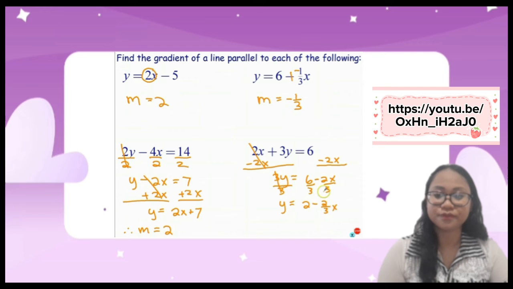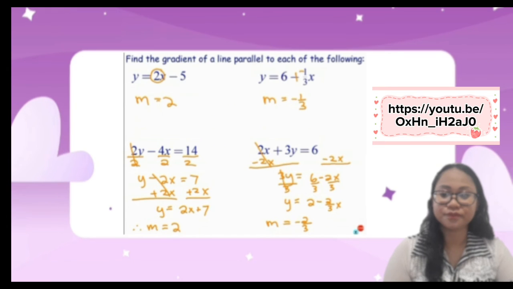And once again, that's the same equation as that, just rewritten. The gradient is negative 2/3. So for any line parallel to that, the gradient is also negative 2/3. So that's just about all you need to know about the gradients of parallel lines.